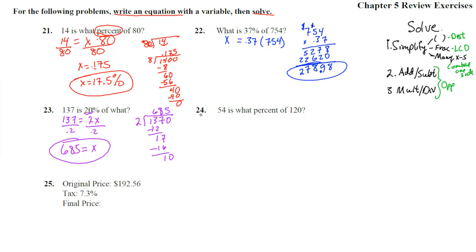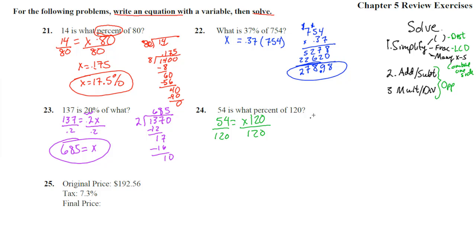All right, number 24. 54 is what percent of 120? We got an equation. There's no fractions, no decimals, no many x's, not even an addition or subtraction. We're down at step 3, divide by 120.